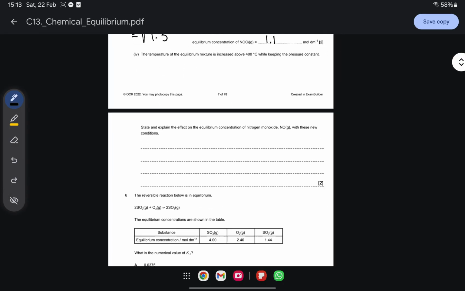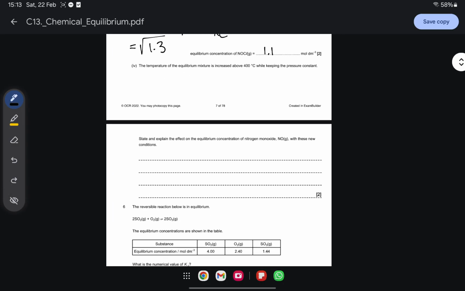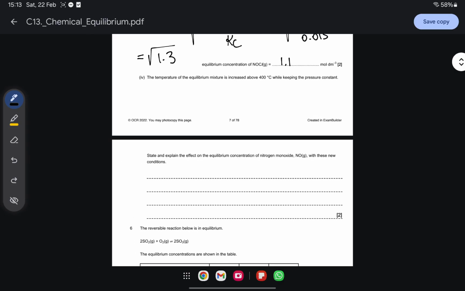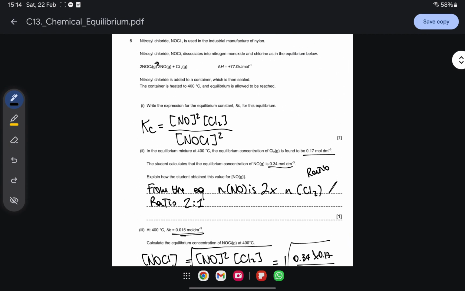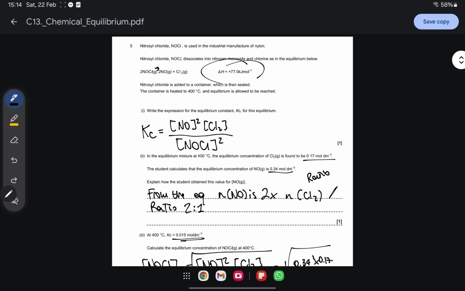Next question, 2 marks. Make sure you write it down exactly for 2 marks. Now, state and explain. Easy to find where the 2 marks are, right? I hope you noticed that the reaction is endothermic.